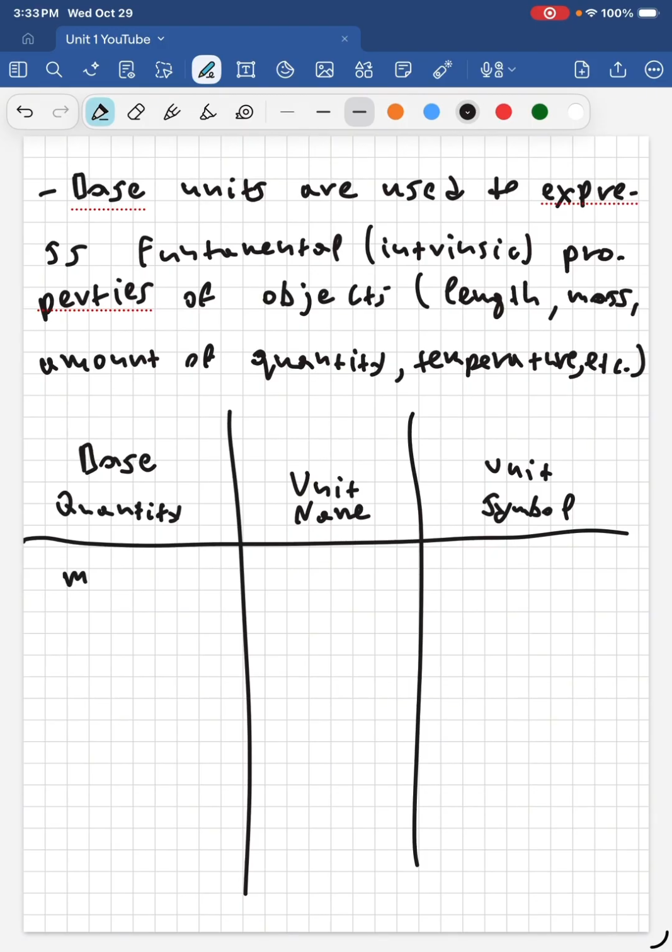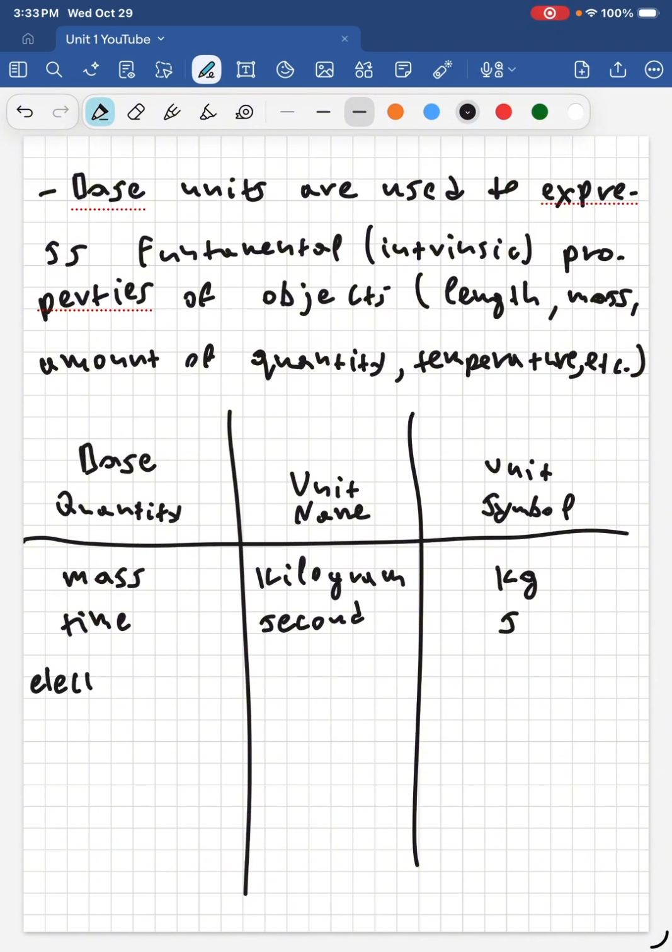Mass is measured in kilograms, okay? That's the name of the unit used to measure mass, and the symbol is kg, okay? Time is measured in seconds, and the symbol is just s.